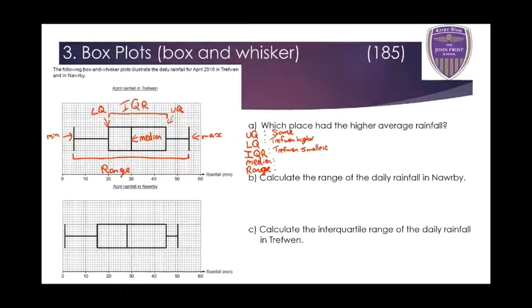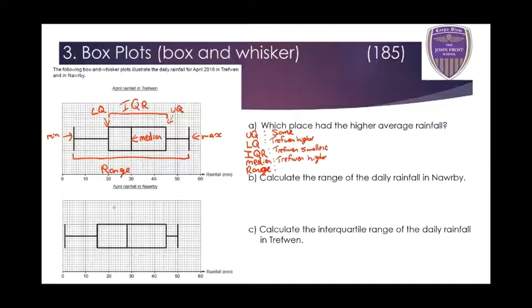Then the median. Which is the higher median? Well, you can clearly see that Trevwen has the higher median as well. And the range, it's a little bit tricky to spot at the start, but the range for Narrabee would be 50 take away 1, so that's 49.